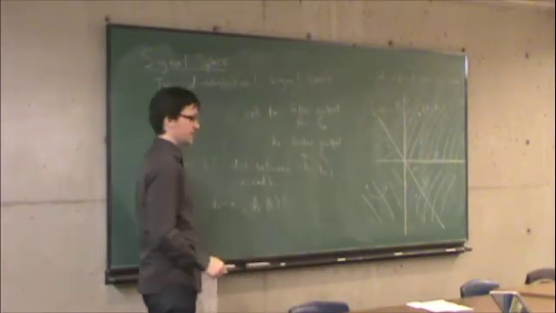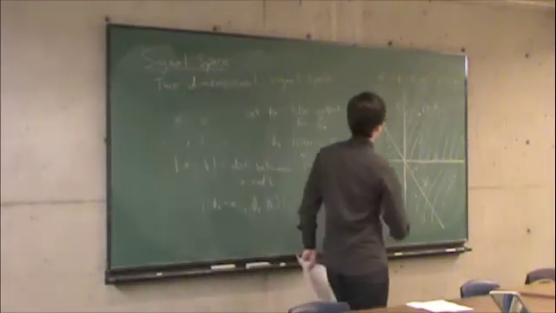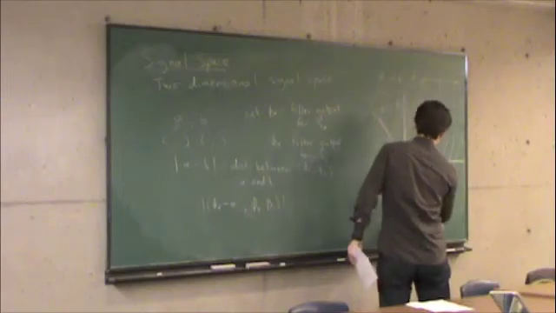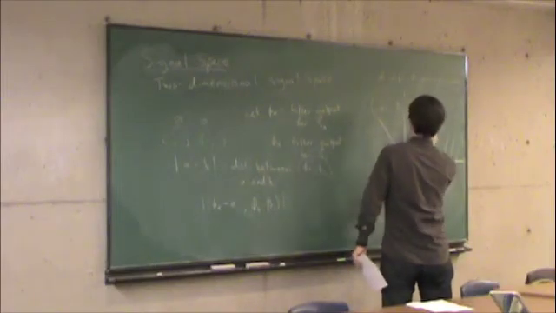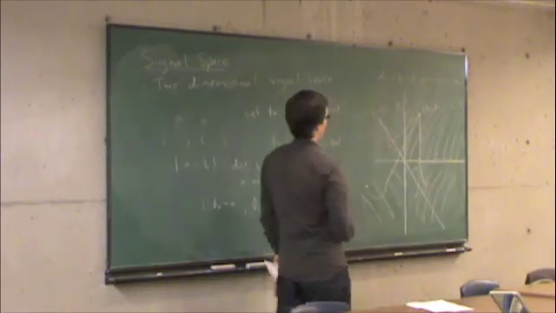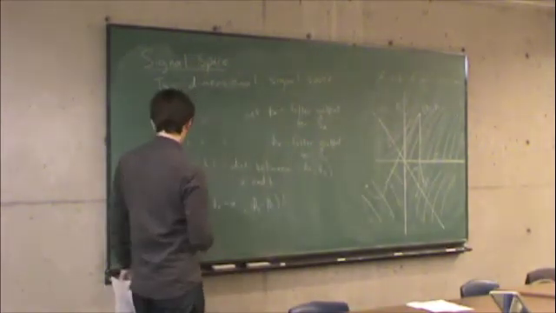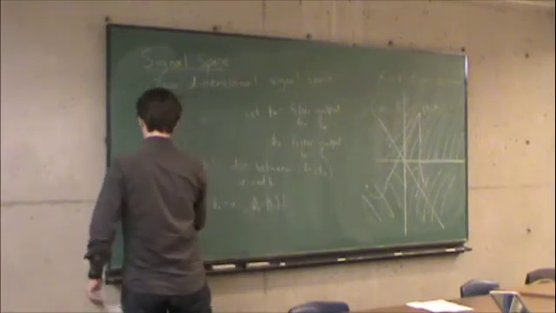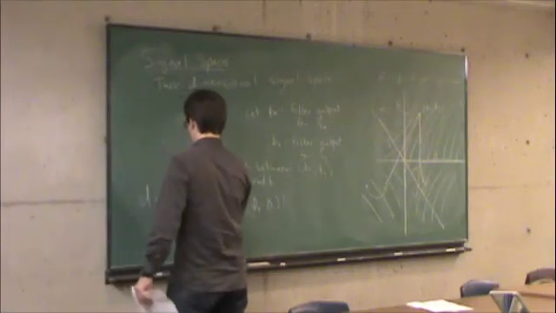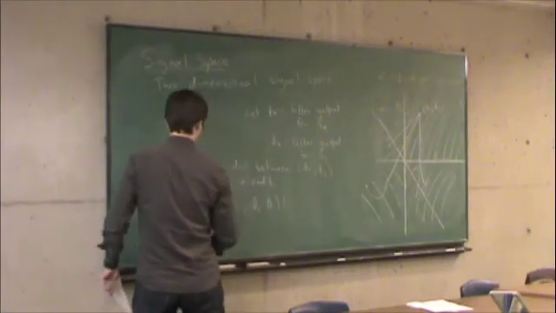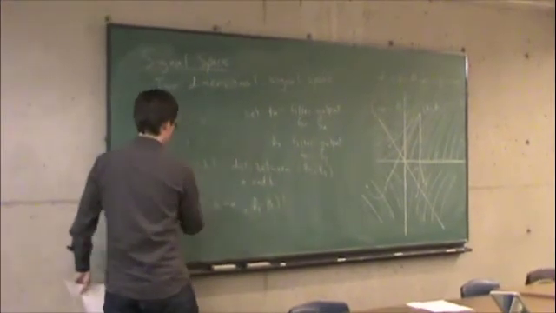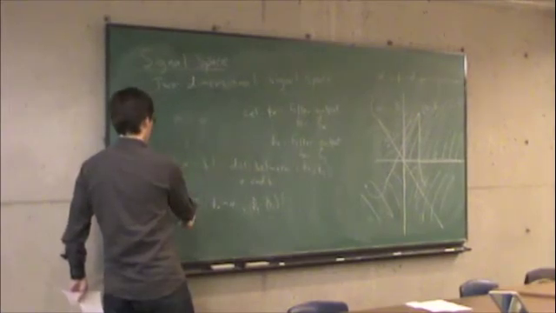I take that distance. So for S0, that's this distance. For S1, it's this distance. For S2, it's this distance. For S3, it's this distance. I take all those distances and I find the minimum. So my decision device is the min over all I of that, but I don't care about the value, I don't care what the distance is, I just care about the value of I that minimizes it.